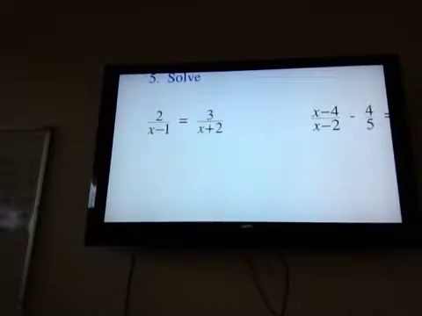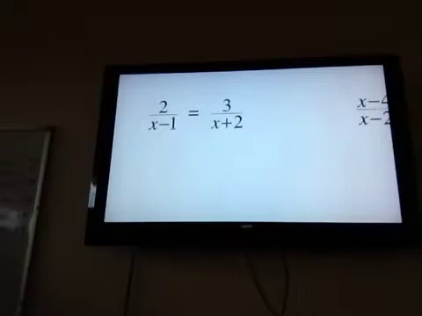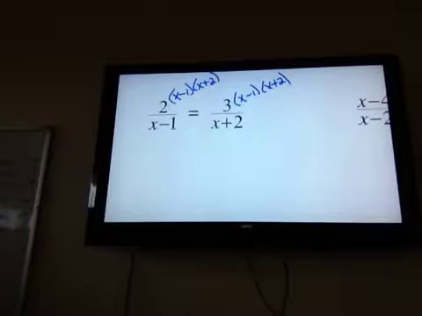Okay, so first one here, my LCD is the quantity x minus 1 times the quantity x plus 2. So I'm going to multiply every term in the equation by the entire LCD. Then my denominators should cancel out.